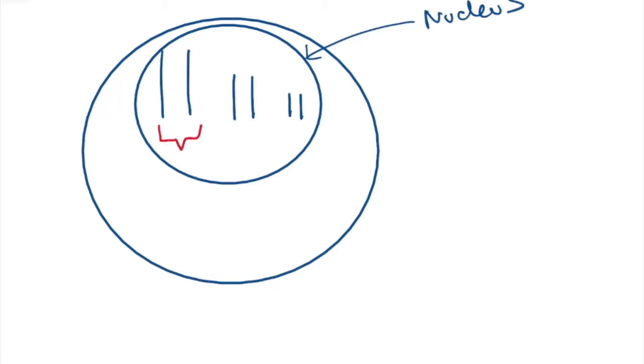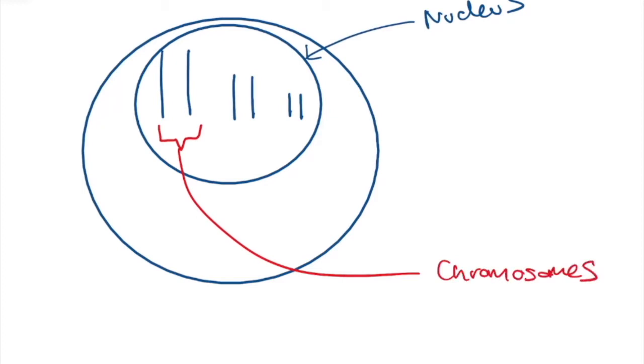Well, this pair here is a pair of chromosomes. And these chromosomes have the same length. And if they have the same length, we can say they have the same structure, because no chromosome has the same length unless it's the same number chromosome.